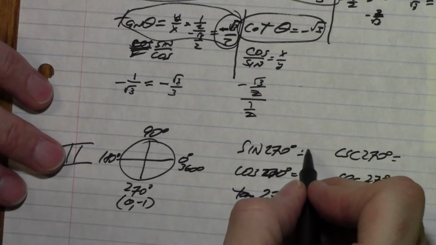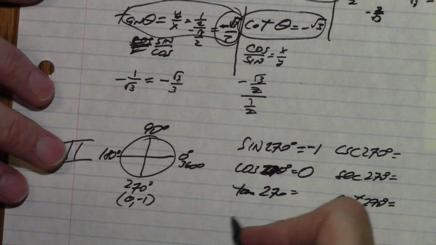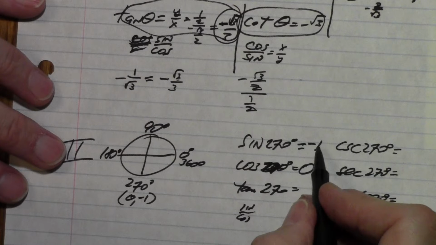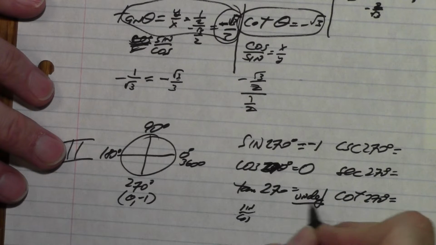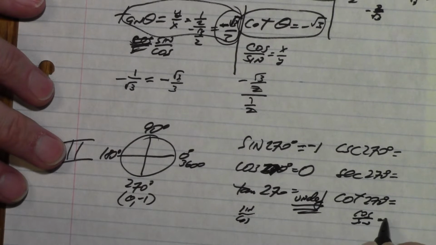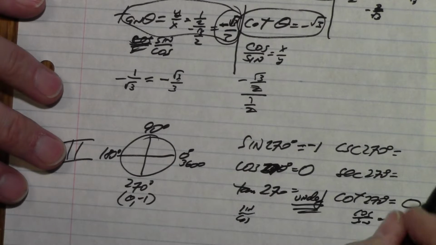The sine is going to be negative 1, and the cosine of 270 degrees is 0. Well, the tangent is the sine over the cosine, and that's negative 1 over 0, which is not possible, so you say undefined. The cotangent, though, is the cosine over the sine, and that's 0 over negative 1, which is simply 0, so it is indeed a good number.